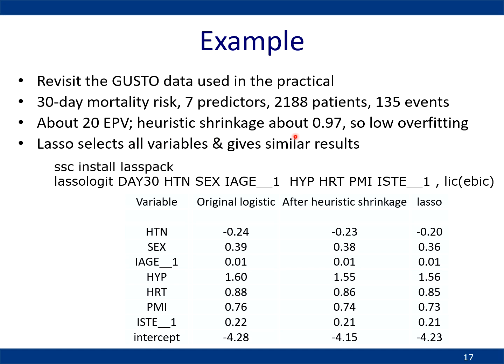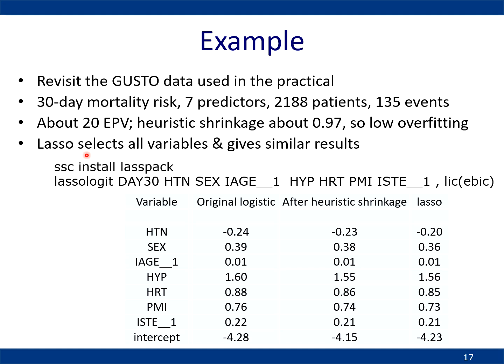The heuristic shrinkage factor estimated post-estimation of fitting this model was 0.97, so clearly the overfitting is very small, just about 3% overfitting.